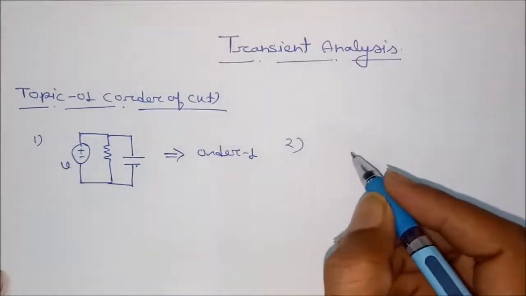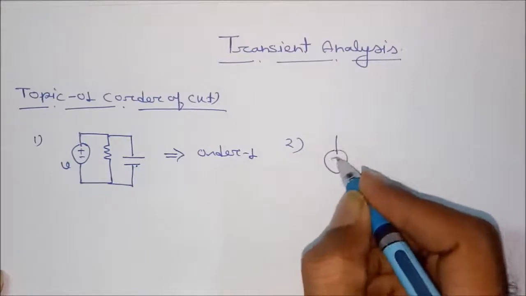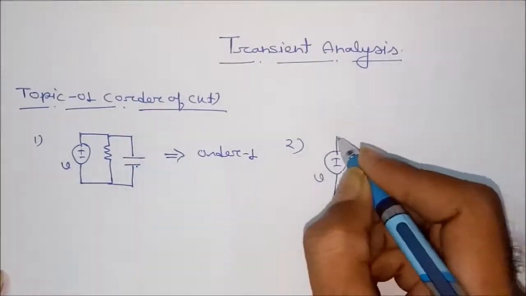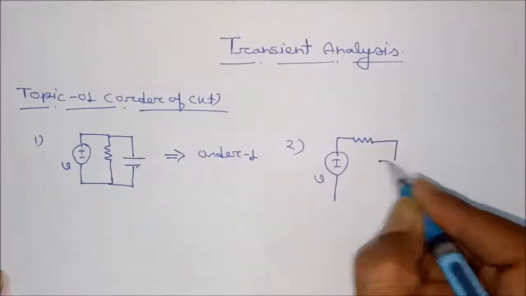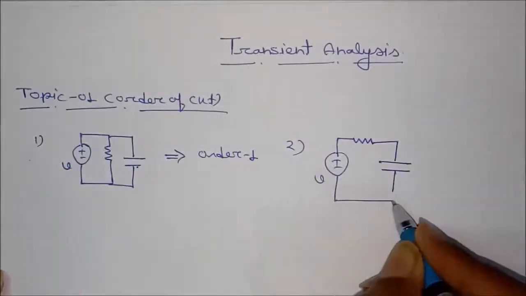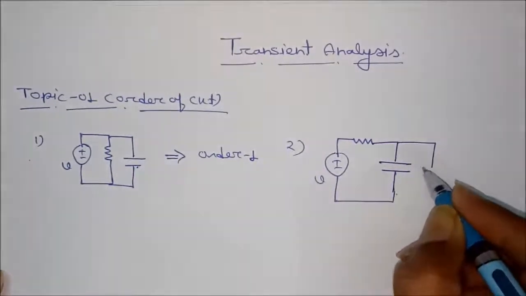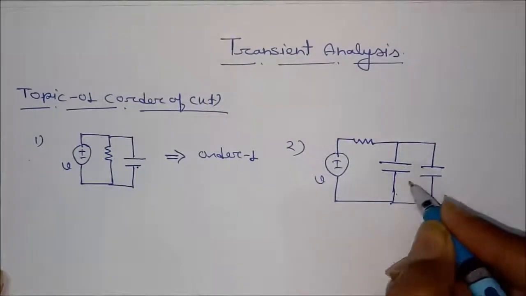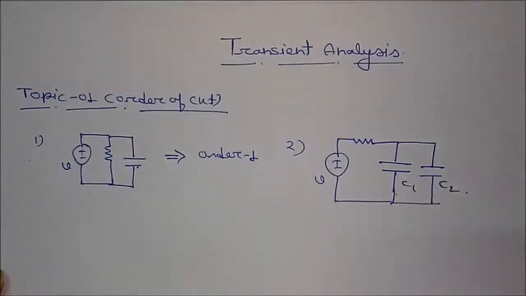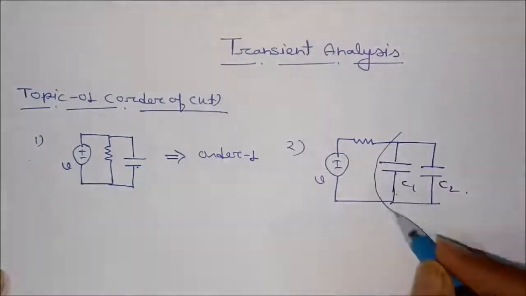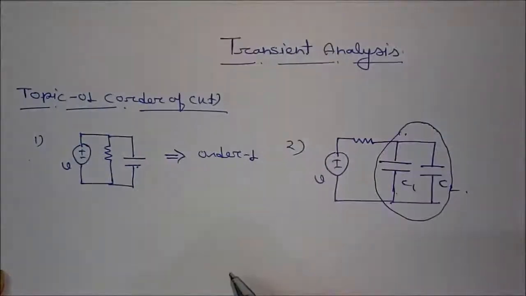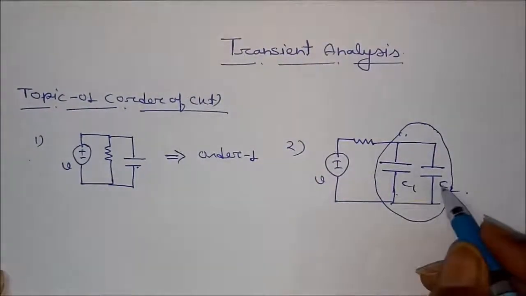Similarly, the next circuit has a source plus minus V, that is R, this is C, and this one is also C. C1 and C2 are connected in parallel. We can separate it by making an equivalent of C1 and C2.